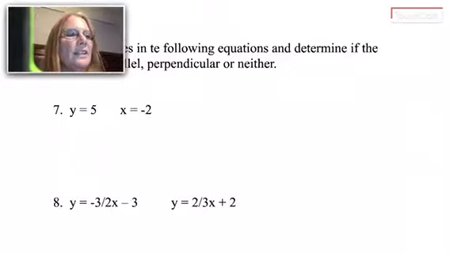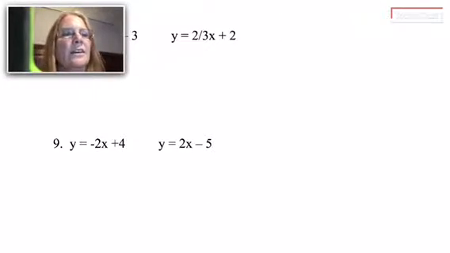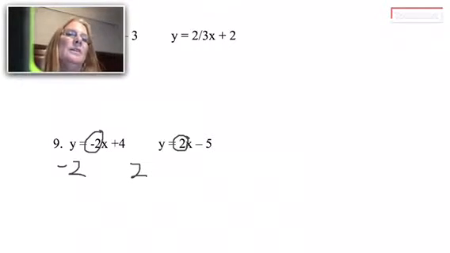Okay, two more. The next one looks like this. Okay, they've already done the work for us. Y is by itself. This one, the slope is negative 2. This one, the slope is positive 2. Think about that. Are those numbers the same? No, I have a negative 2 and a positive 2. They're not the same, so they are not parallel. Are they opposite reciprocals?